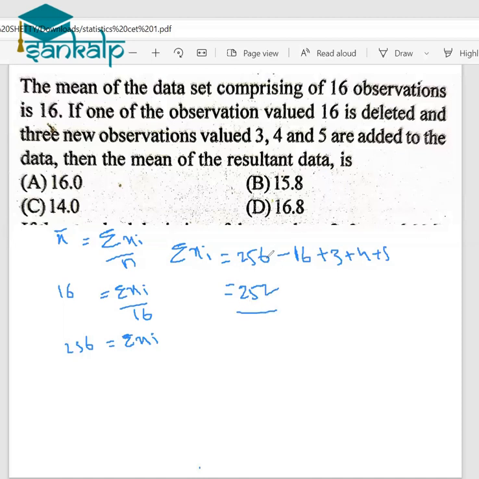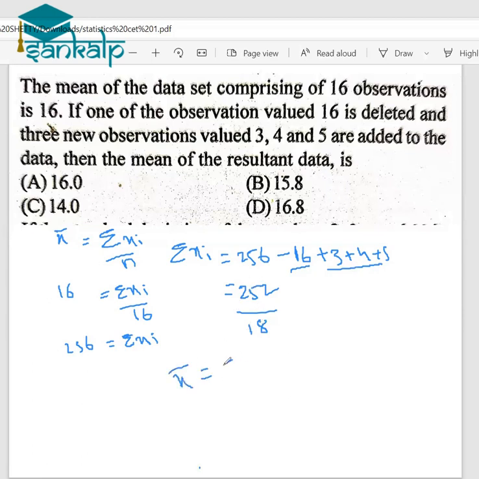Now see, out of 16 scores, 1 score is getting subtracted and 3 scores are getting added. So the number of scores will be 18, and this is the new sigma xi, 252, upon 18.